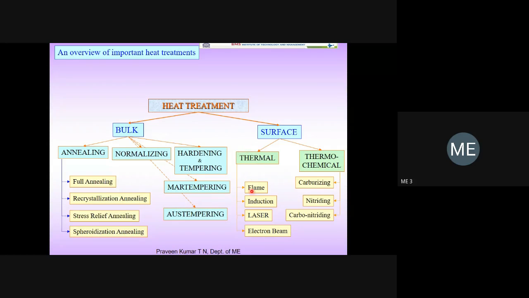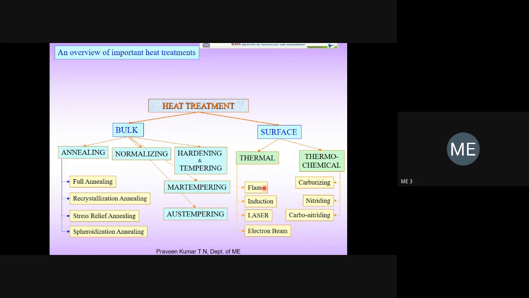Then when you come to the thermal process, as per your syllabus, you have to study two heat treatment processes. One is flame hardening and one more is induction hardening, which we have already discussed. In flame hardening, the surface of the material is heated and suddenly water is sprayed. That means heating and cooling take place. How much time is taken for heating is not so important for the heat treatment process.